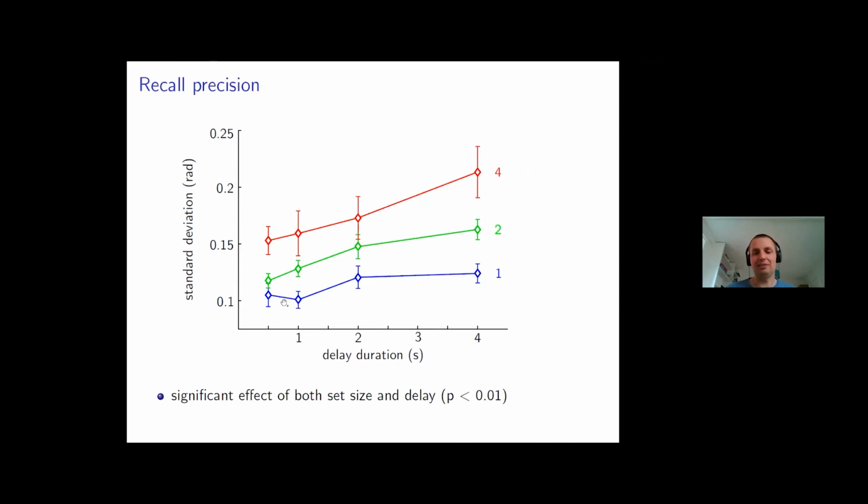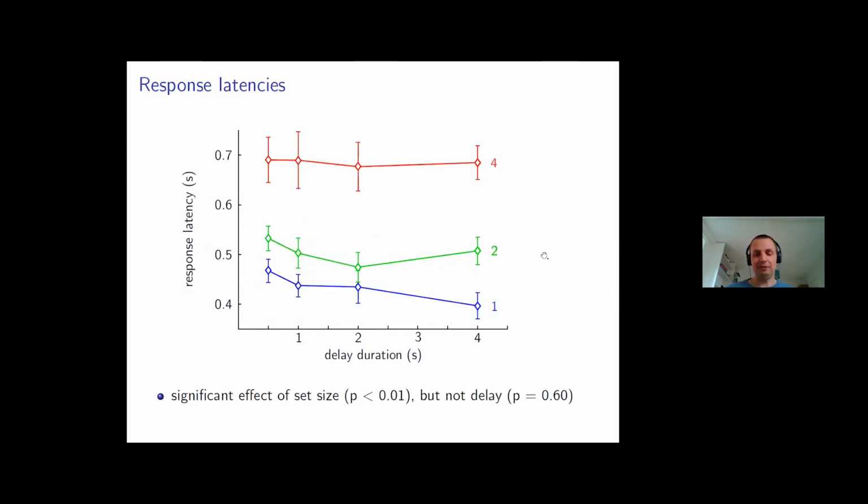Note, as I said, that these effects are relatively subtle. So the y-axis here doesn't start at 0, but only shows a certain section of standard deviations. So it's not a huge effect, but it's still very robust. Now, if we look at the response latencies, we still see a clear effect of set size.